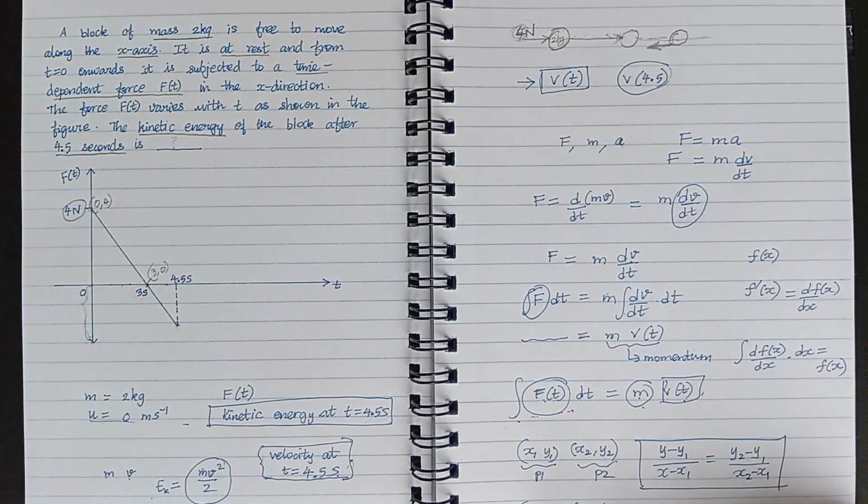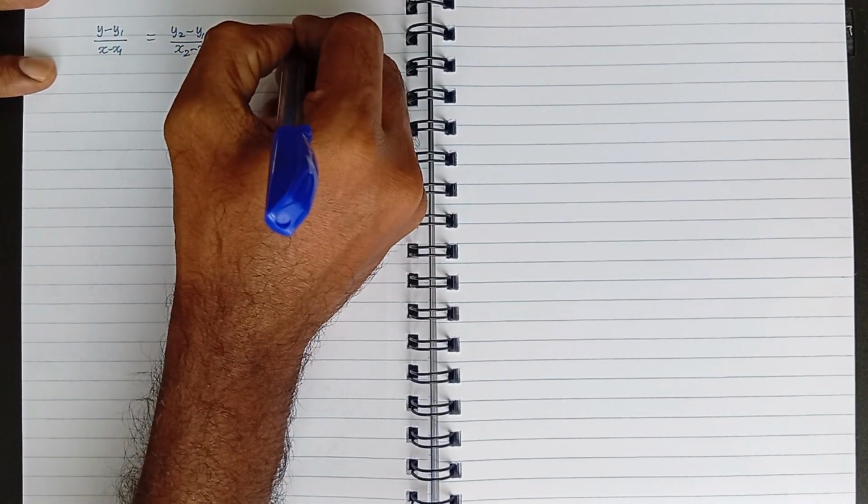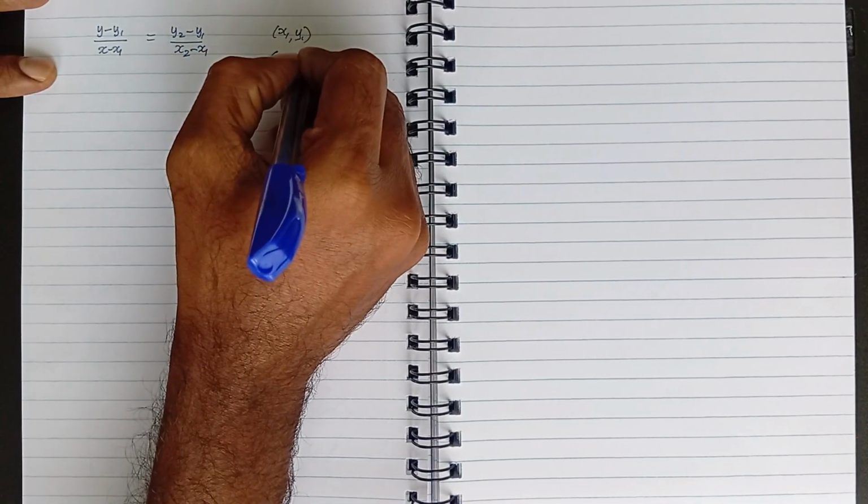Okay, so now let's write this equation here: (y minus y1) by (x minus x1) equal to (y2 minus y1) by (x2 minus x1), where (x1, y1) and (x2, y2) are two distinct points on this straight line, right?